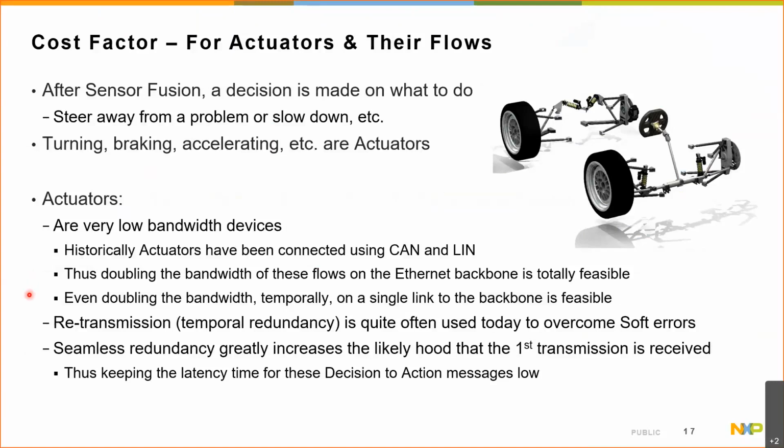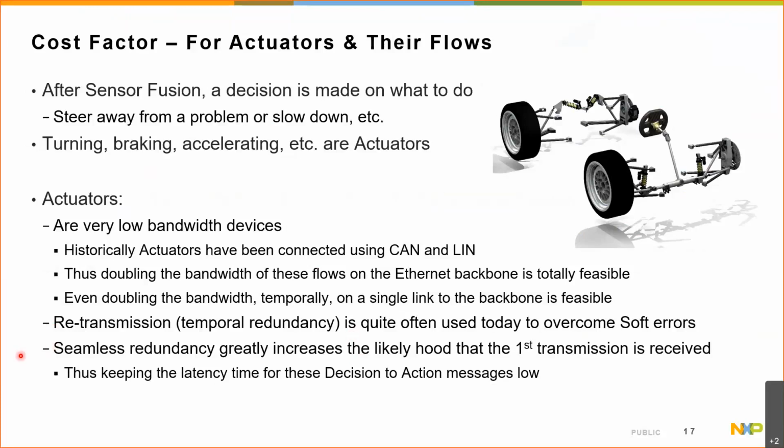And even doubling that bandwidth temporally, on a time shifted basis, on a single link on the backbone is also feasible. I mean, if a CAN link is at 2 megabits and you double the messages, that's now 4 megabits. That's not a lot of extra bandwidth on the backbone. So retransmission, this temporal redundancy, is quite often already used today to overcome soft errors on CAN and LIN type transmissions.